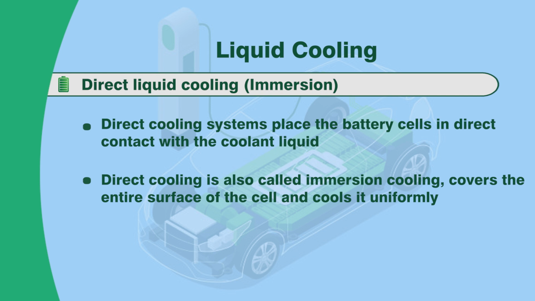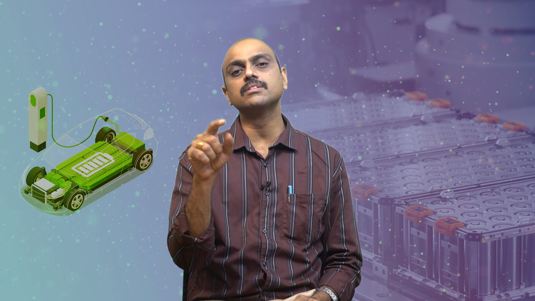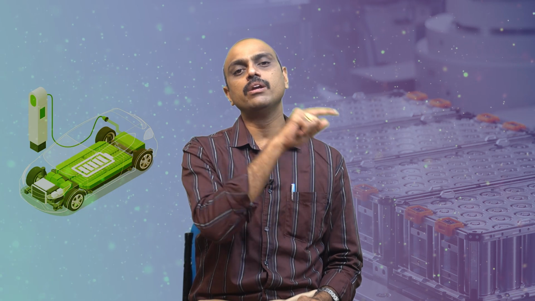So, as can be seen, all the cells do not have a uniform temperature distribution. It is because the coolant flowing from one part to the other takes some time, and it loses some of its properties and so on. So, this is one of the major drawbacks or limitations of indirect cooling.